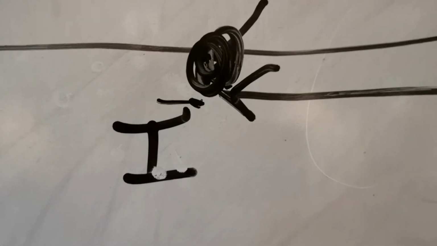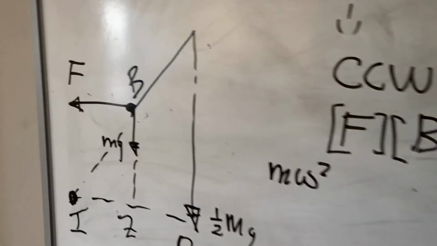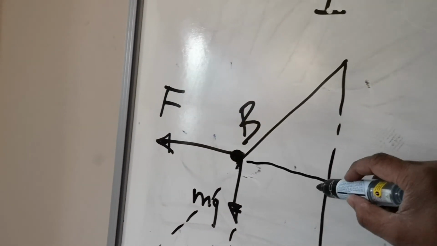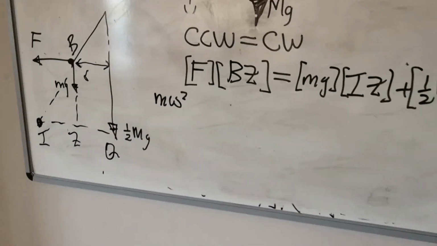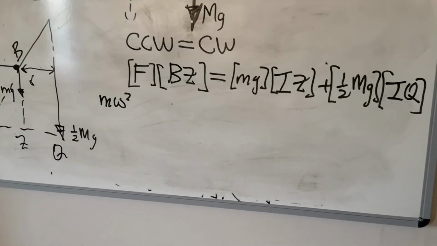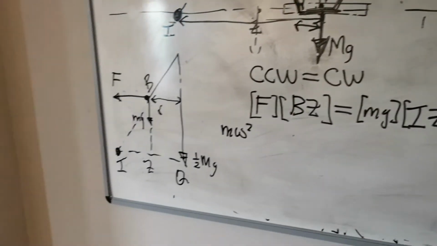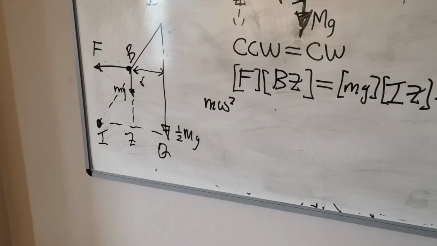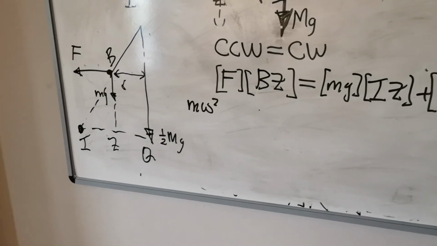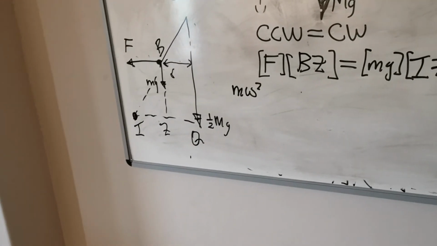So m omega squared, now what is the distance? We need this radius. This would be r. All right, what is r? That's a good question. ZQ. Yeah.